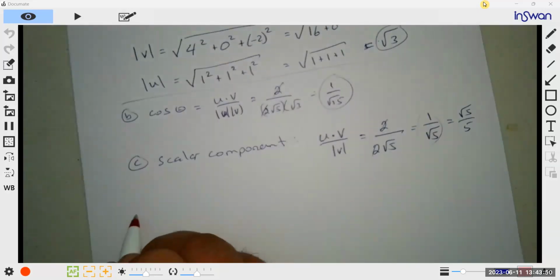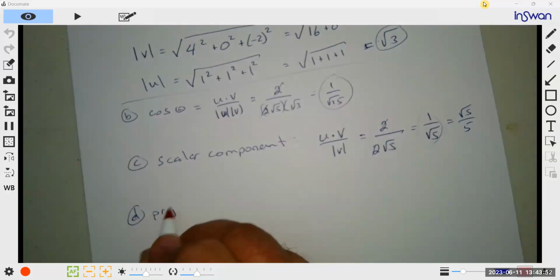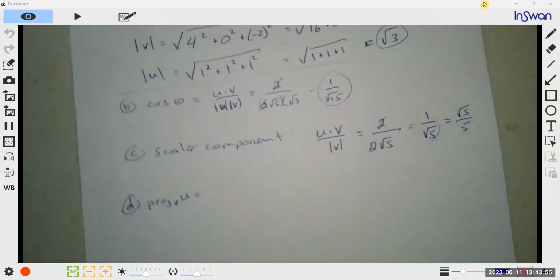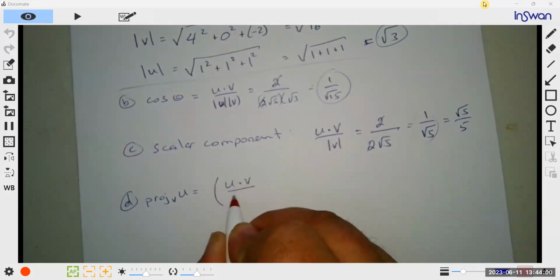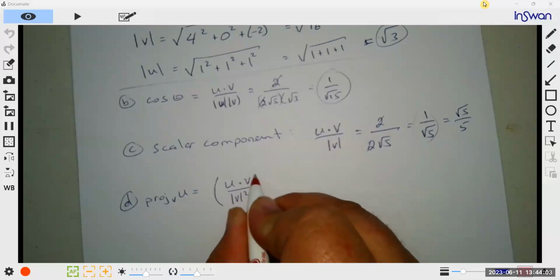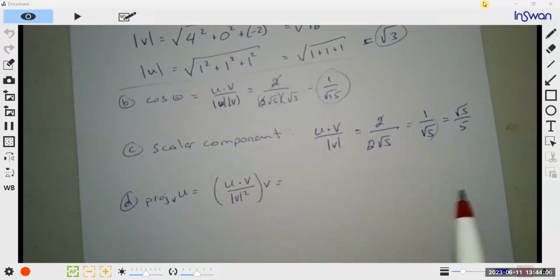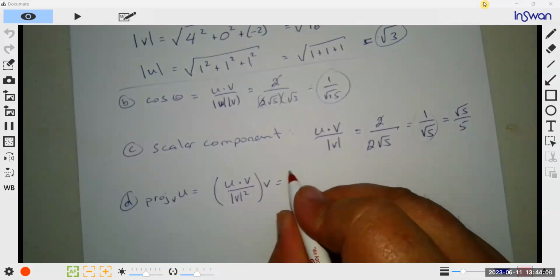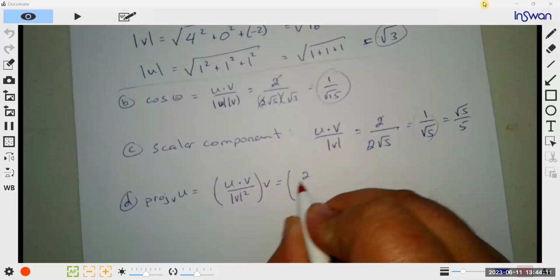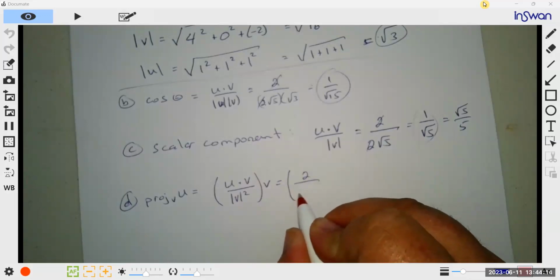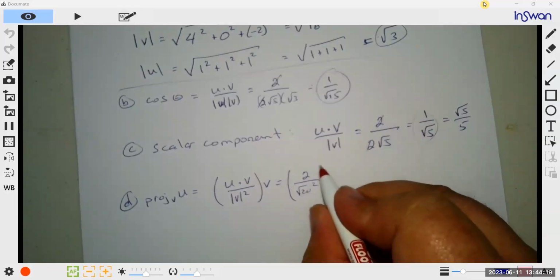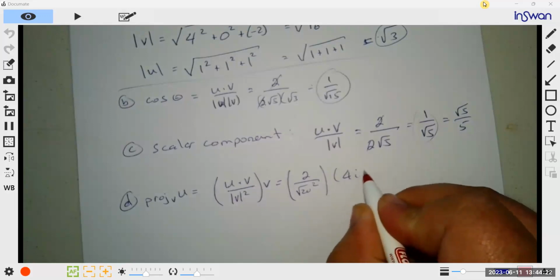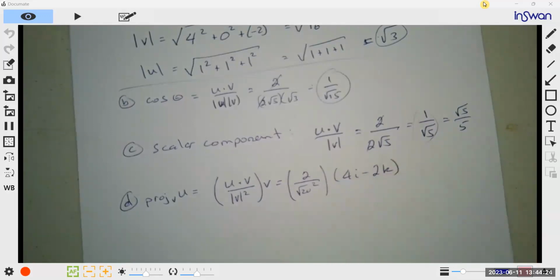Find the vector projection, which is u dot v over the magnitude of v squared, times v. It's radical 20, so I'm going to square it and get rid of the radical. 4i plus minus 2k.